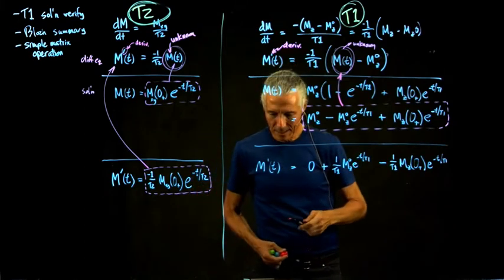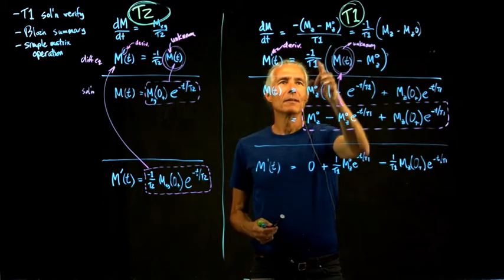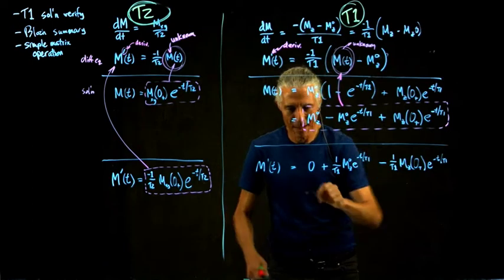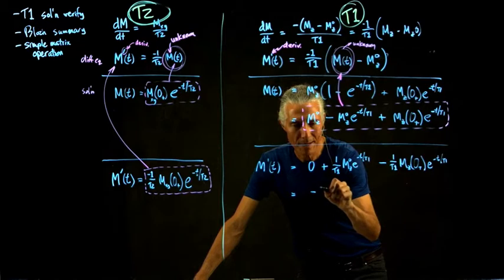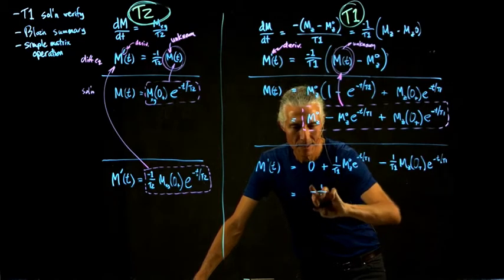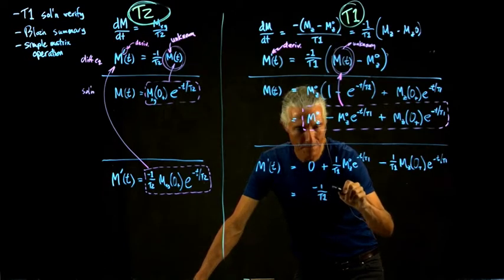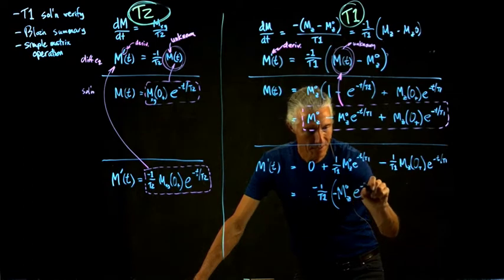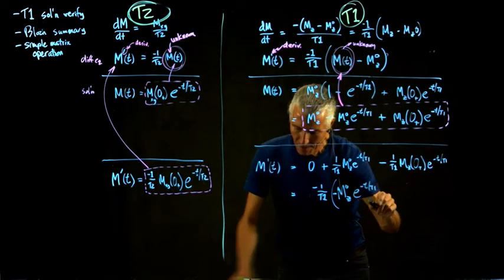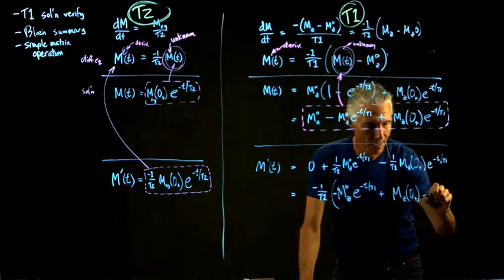And so now the question is, why is this one that doesn't have it in there? So let me just write this out one more time to make it slightly clearer. Just pull the 1 over t1 out. So if we pull out a minus 1 over t1, and then we're multiplying by a minus mz0 times e to the minus t over t1 plus mz, whatever we started with, e to the minus t over t1.